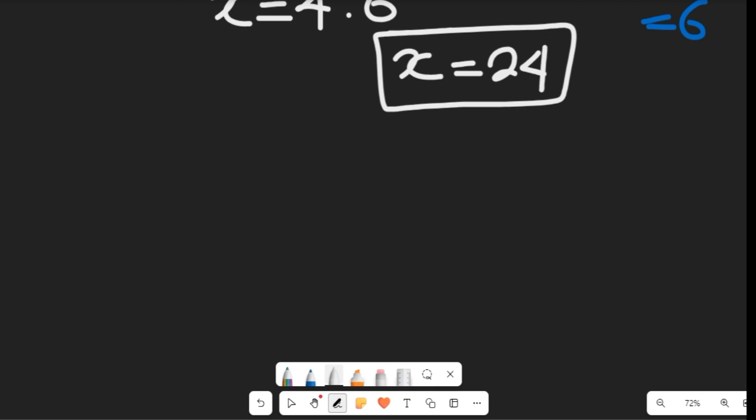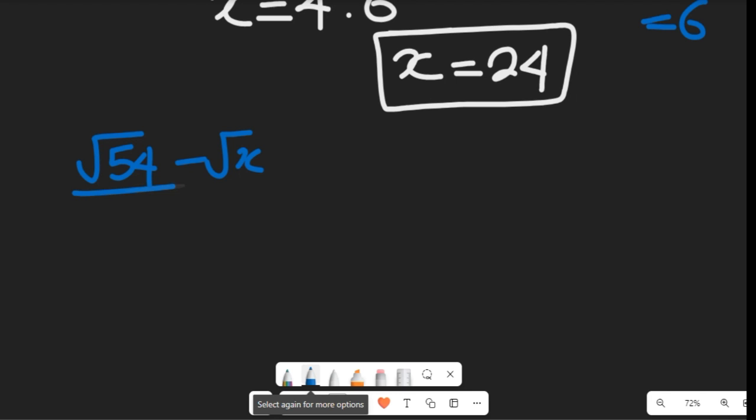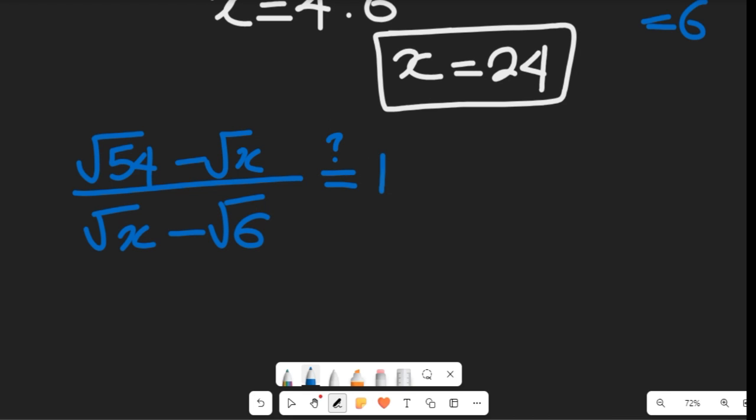And what is our expression? Recall our expression, we are given the square root of 54 minus the square root of x, and we are told that this is divided by the square root of x minus the square root of 6. It must be equal to 1.